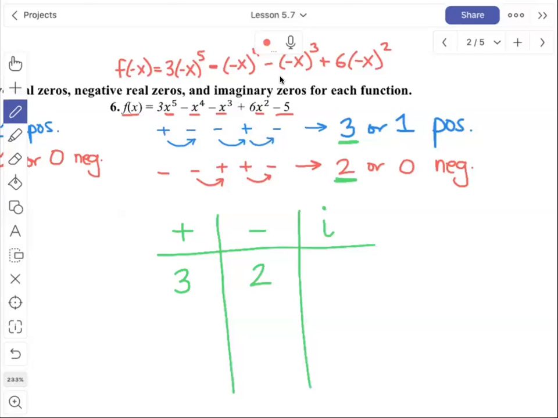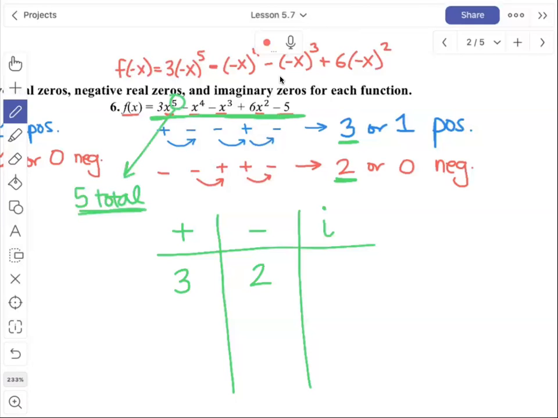Now, how many imaginaries should I have? If you look at the exponent, Rachel, what's the highest exponent in the polynomial? 5. So this tells me I should have 5 total every single time.